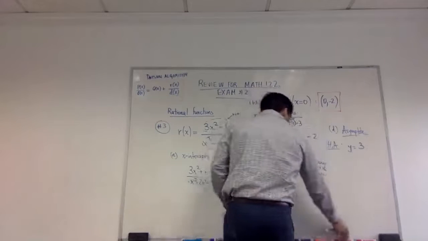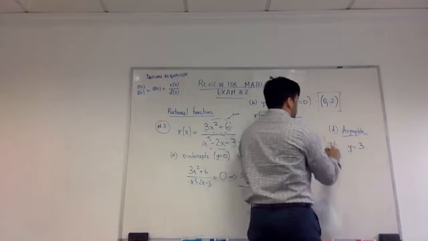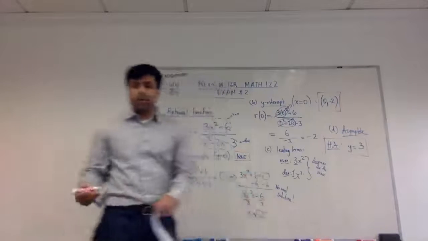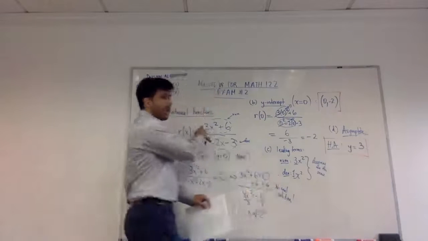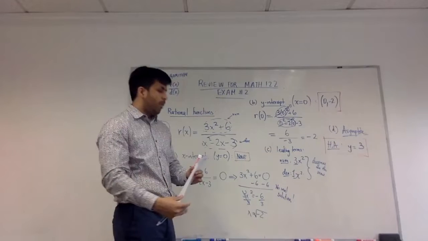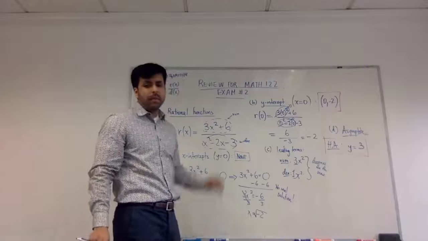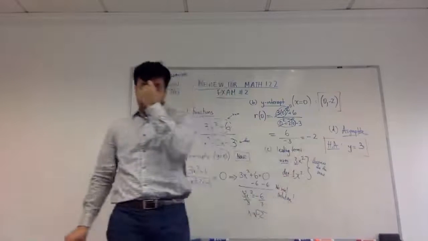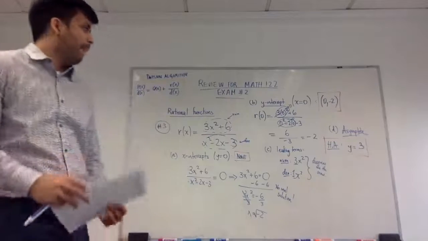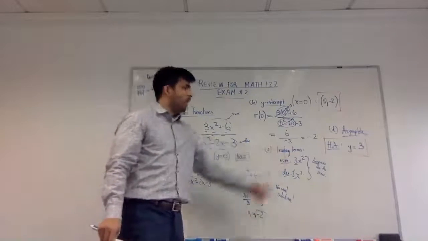So my horizontal asymptote is y equals 3. And we found that by finding the leading terms of the numerator and denominator and inferring what case I am in, right? What are the cases that I have? And then I found the horizontal asymptote by dividing the leading coefficients.